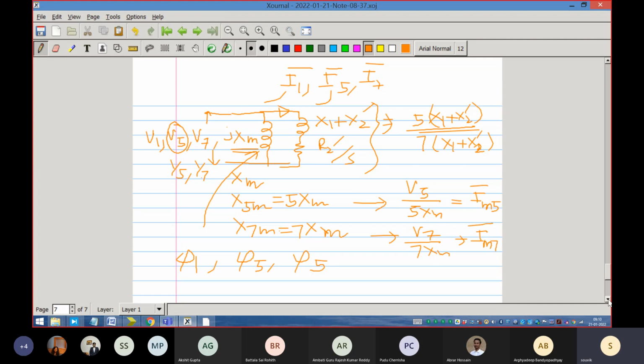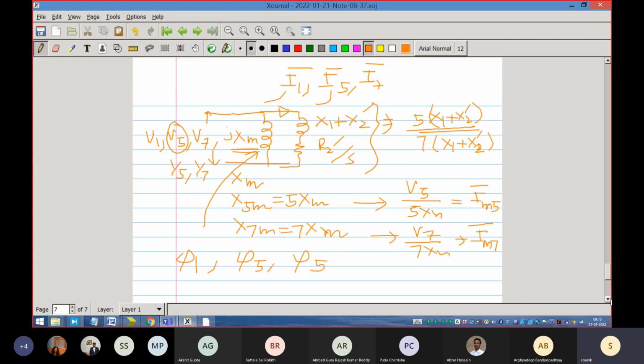And then they will interact crosswise. Fundamental current with fifth harmonic flux, fundamental current with seventh harmonic flux, and similarly seventh harmonic flux with fundamental current, fifth harmonic flux with fundamental current. And these cross-element torques will be fluctuating in nature.